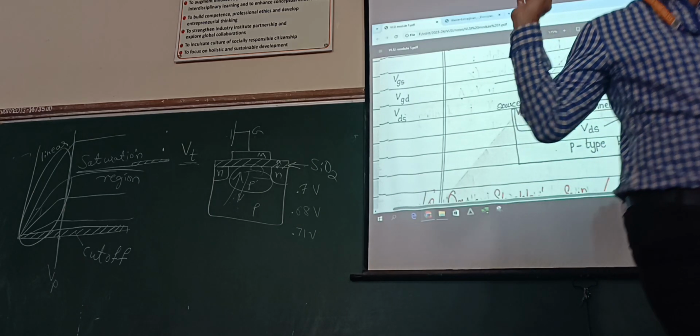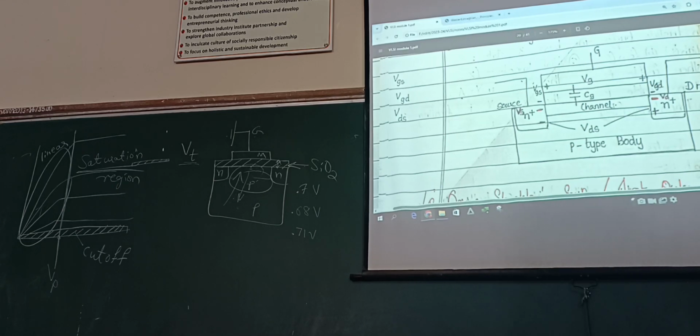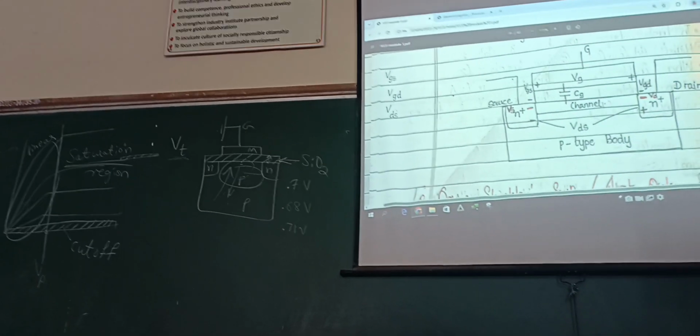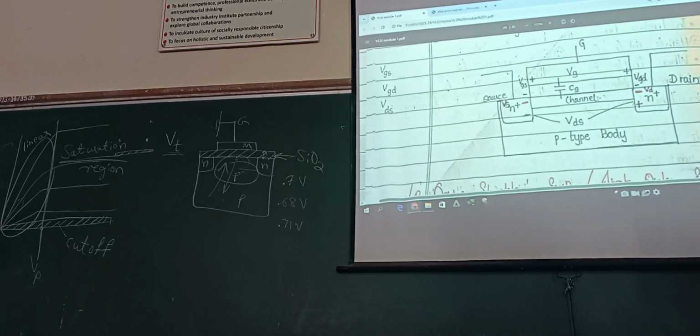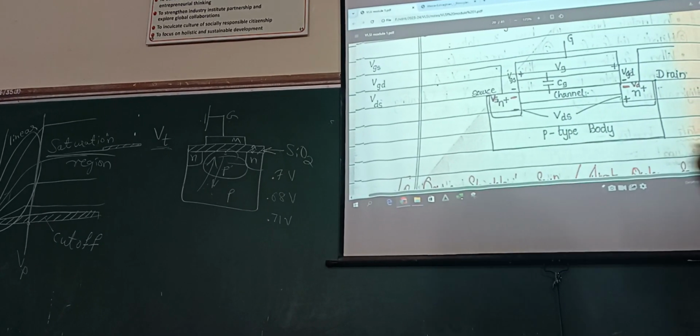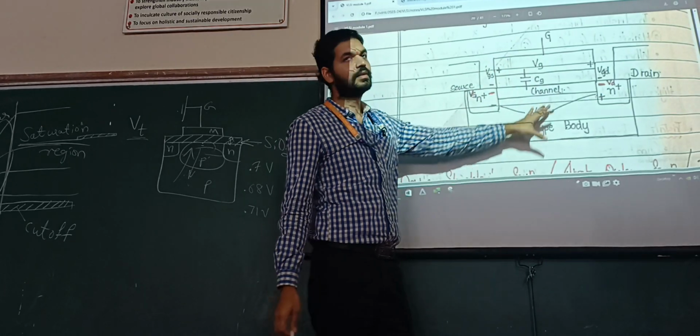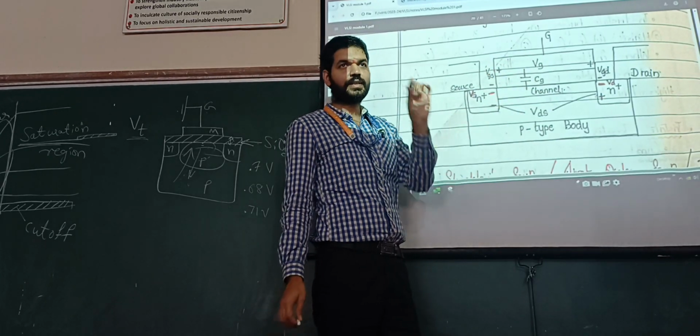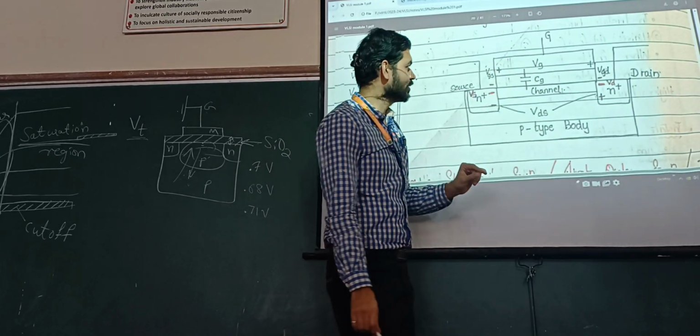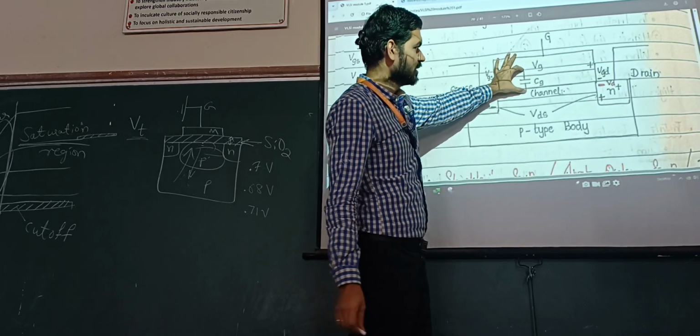So this is the diagram of MOSFET where you know actually what is what, but there are few terms which you people don't know. Say this is CG.